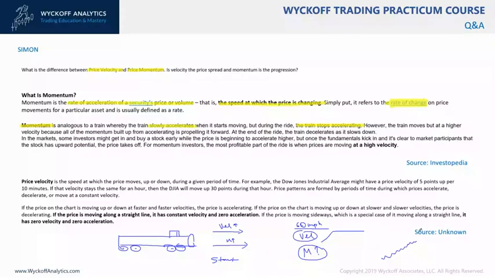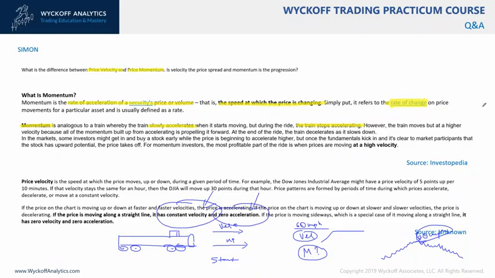But after we hit that 60 miles per hour, we don't need any more momentum to stay there. Velocity can stay at that point, so momentum will start to actually decelerate. It stops accelerating. We could see zero acceleration, constant velocity at 60 and zero acceleration.